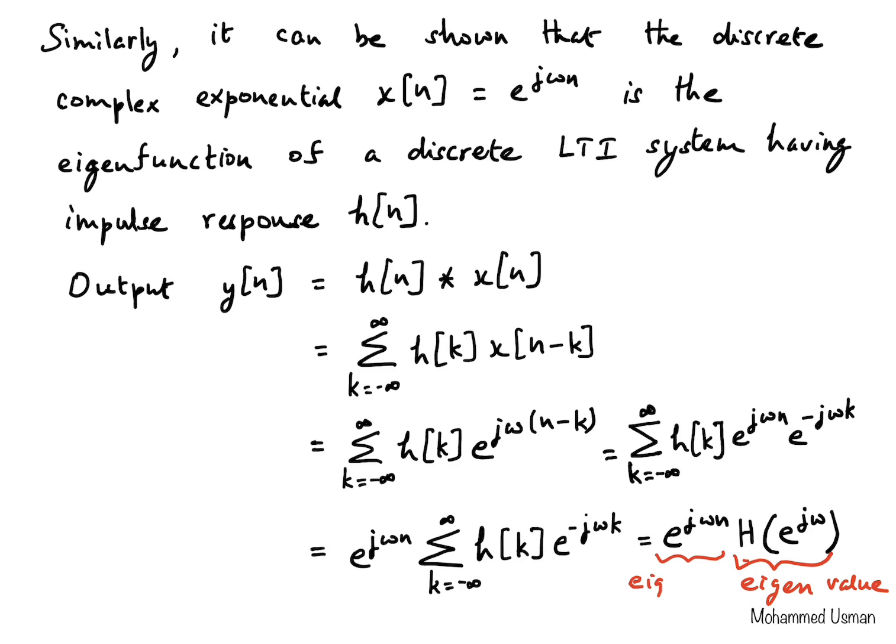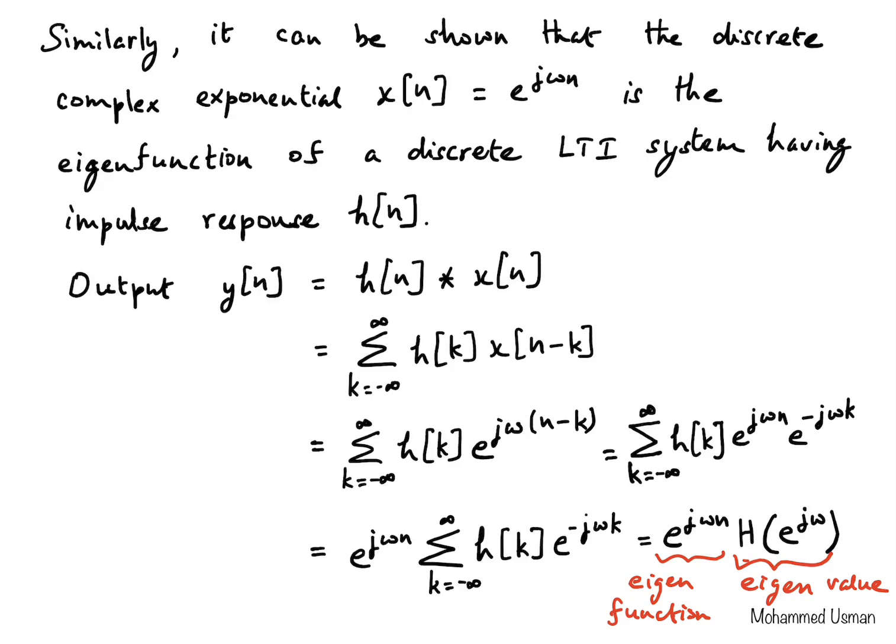So that's our eigenfunction. Since the input e power j omega n produces an output e power j omega n scaled by the eigenvalue, we call this the eigenfunction, and H of e power j omega is the eigenvalue in this particular case.